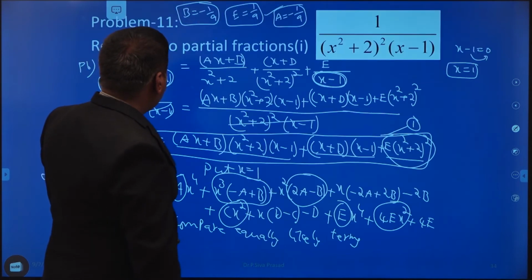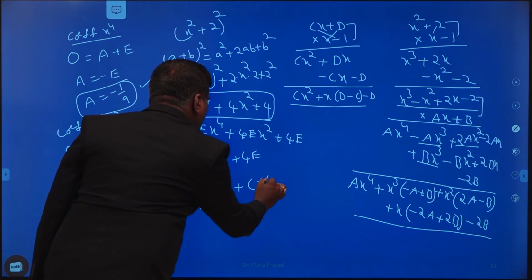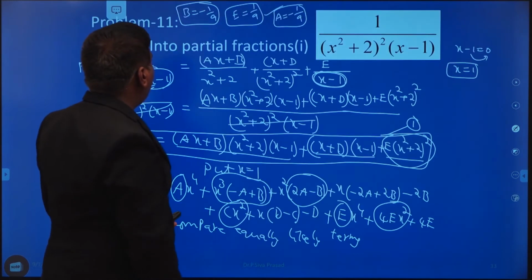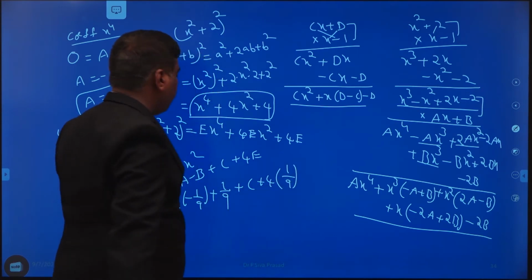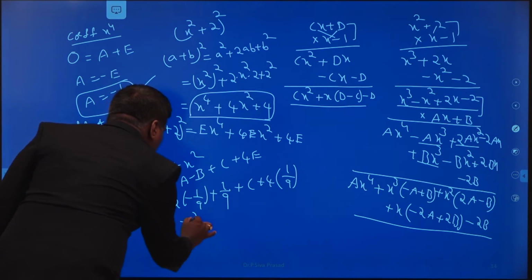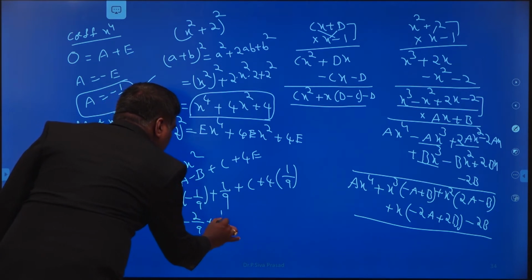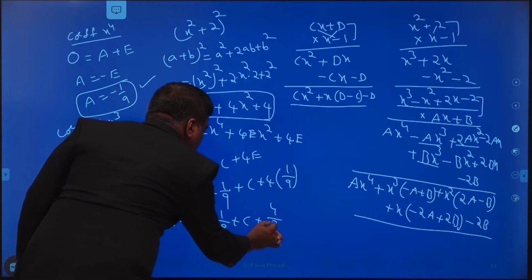Now the c value, that value you have to evaluate. So plus c plus 4 into the e value, which is plus 1 by 9. Then this value is equal to minus 2 by 9 plus 1 by 9 plus c plus 4 by 9.